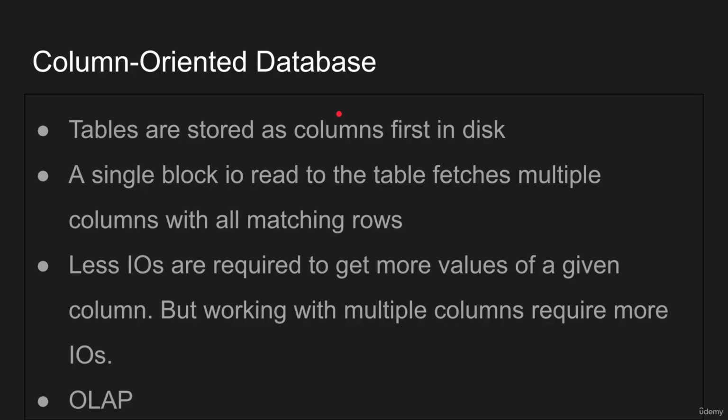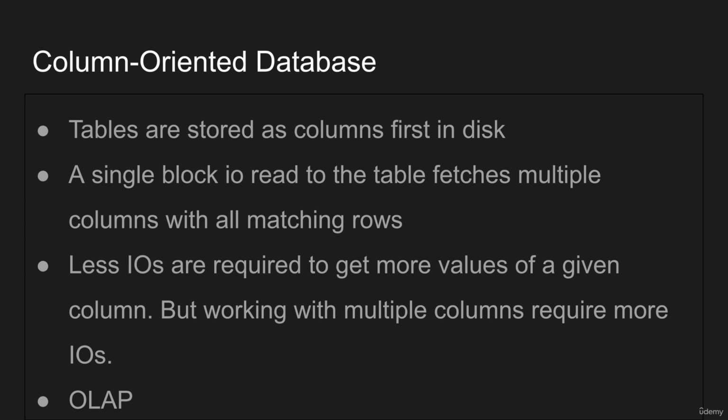But let's discuss how column-oriented databases work. With column-oriented databases, tables are stored as columns first on disk. So think about the first name column, the ID column, the last name column.